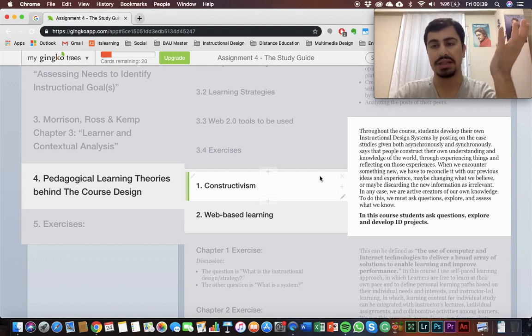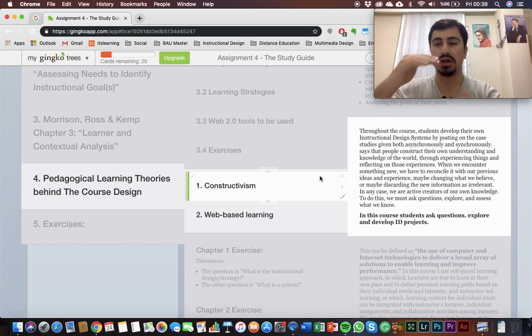So, this is basically the definition of constructivism. And actually, I chose to use constructivism as a pedagogical theoretical ground so that they can build and reflect on one another's theories.